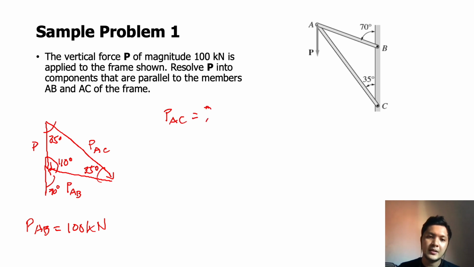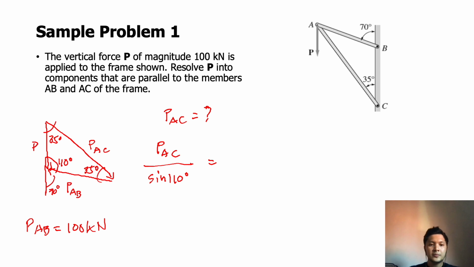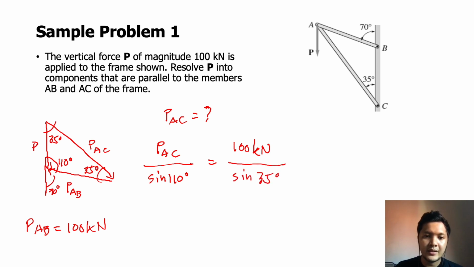So now let's look for the value of PAC. To get that, let's use the law of sines again. So that's PAC divided by the sine of the angle opposite to it, sine 110 degrees, is equal to, again we can use this, P, which is 100 kilonewtons, divided by the sine of 35 degrees.